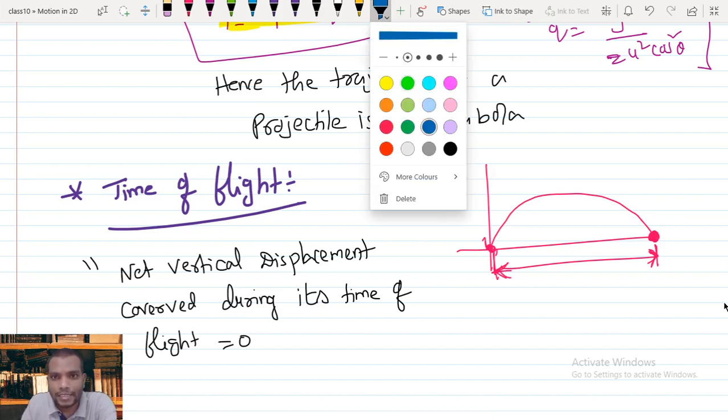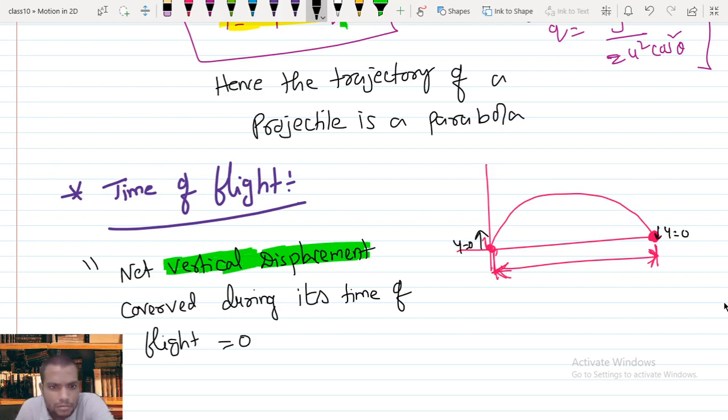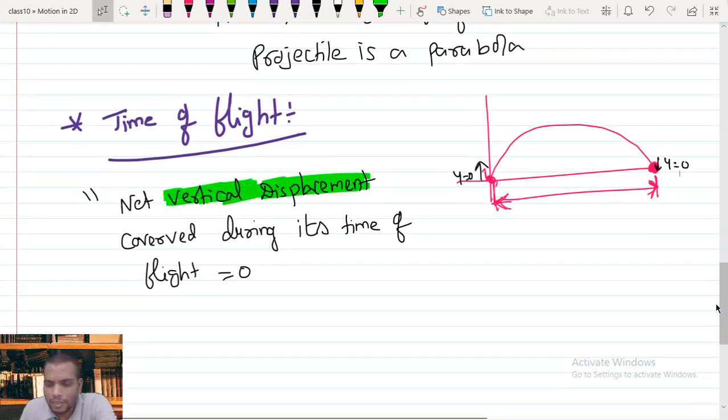So here I am going to highlight the words net vertical displacement. Do you know the difference between horizontal displacement and vertical displacement? Vertical displacement means, in a simple way, along the y-axis. Along the y-axis initially the vertical displacement is equal to 0, and finally also along the y-axis it is equal to 0. So the net vertical displacement along the y-axis is equal to 0, because the projectile is launched from and lands on the horizontal.